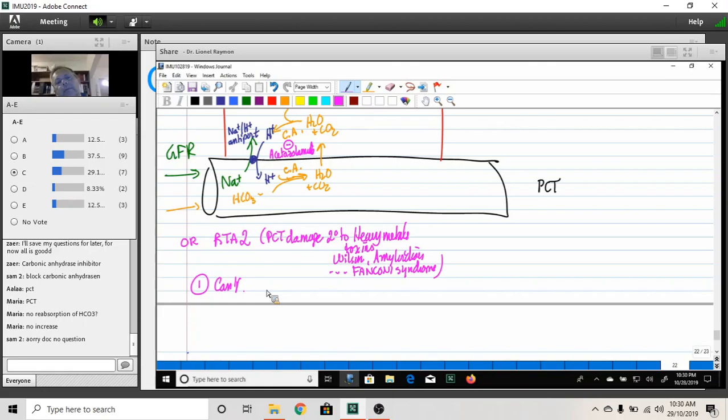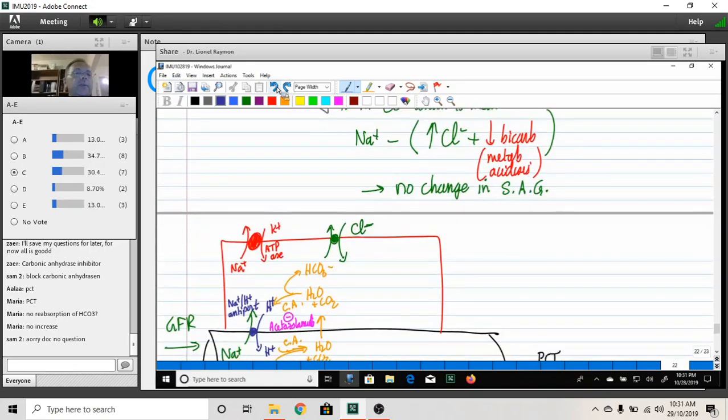acidosis. But you see well on the diagram, if bicarb is not retained, chloride is not excreted. So of course, what happens to chloride if bicarb is not retained? Less bicarb retained, less chloride secreted.